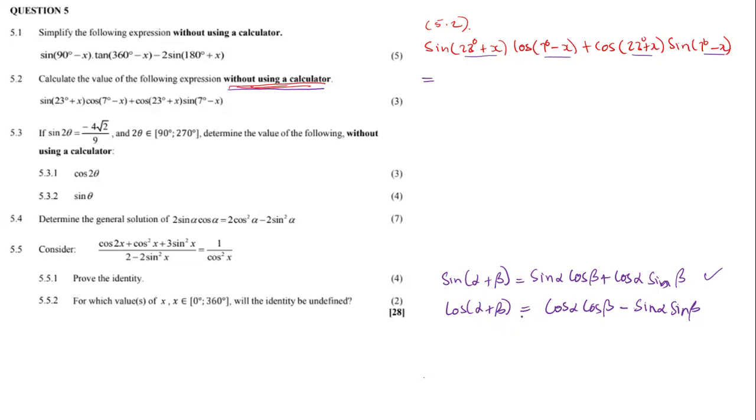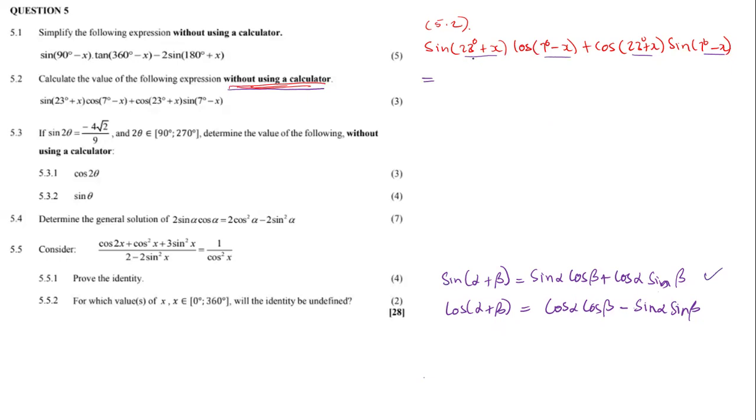If we want to represent our expression in terms of the cosine compound angle, cos alpha plus beta will be given by cos alpha cos beta subtract sine alpha sine beta. So do not be a superhero and think that you know this. Always confirm with your formula sheet at the back of your question paper. These equations are always provided, okay?